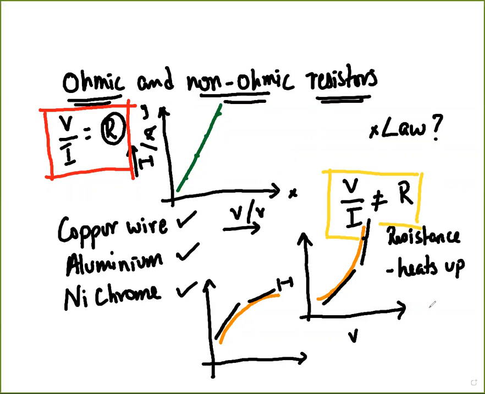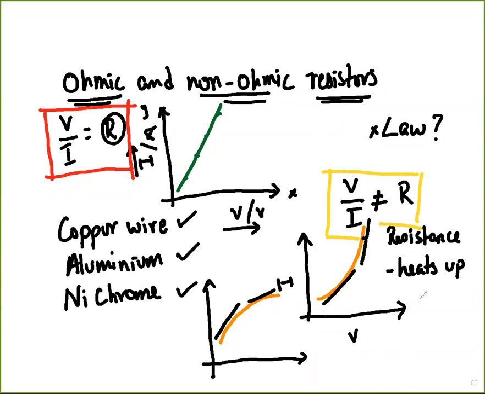I was saying when a resistor is connected to a circuit and the resistance becomes hotter and hotter as the voltage is varied, what will happen to the resistance of that resistor? It will increase. It will increase, correct?